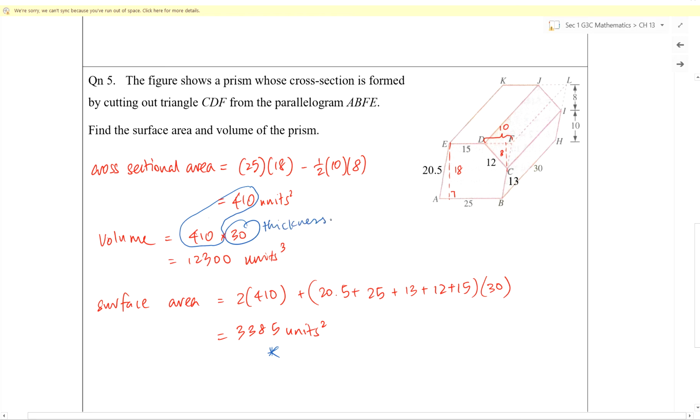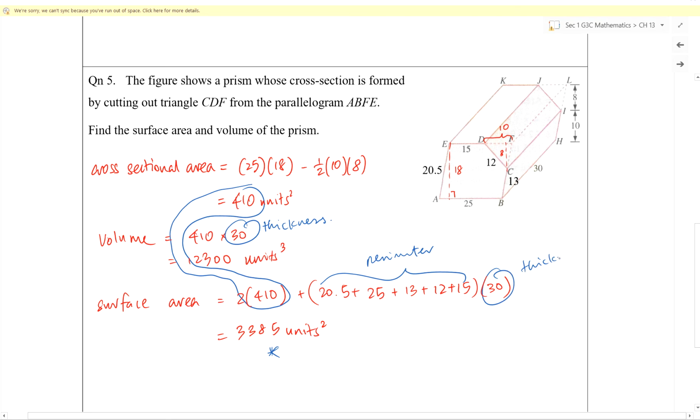In the surface area, we're going to take the same cross-sectional area, the exact same one, and multiply by 2, because there's a front and there is a back. Then we're going to add that to this, which is the perimeter of the cross-sectional area. And again over here, this is the thickness. And you get the answer, 3385.